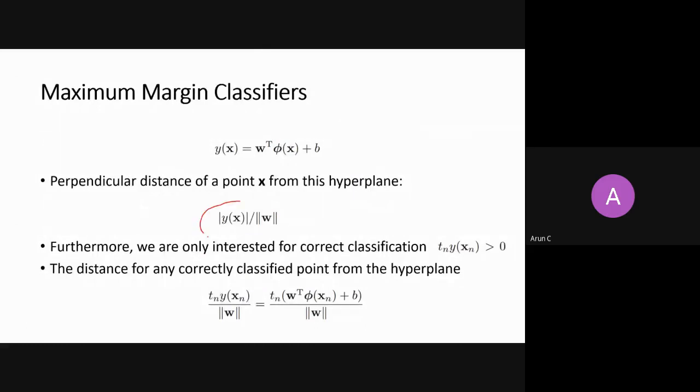For that, I have this. If it is correctly classified and I am finding the perpendicular distance, then plugging in the y formula, this is what I can do. Now I want to find the minimum distance, a point which is very close to the hyperplane. That's why I'm taking the minimum overall.